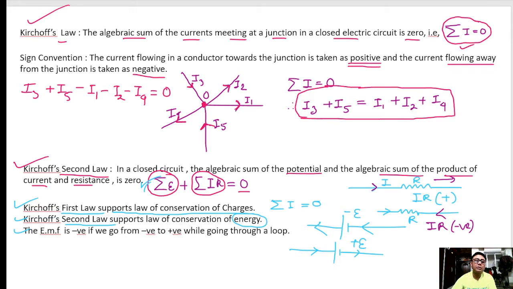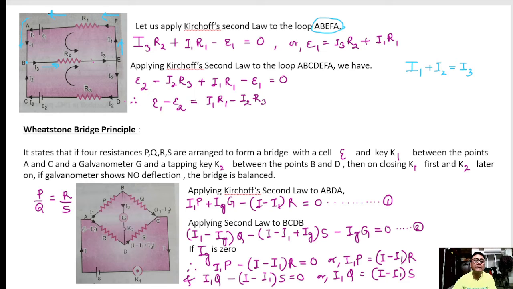Now based on this, let's see what is happening here. This is the loop we have taken. We are starting from here with I3. We are going in the direction of the current, so it is plus.